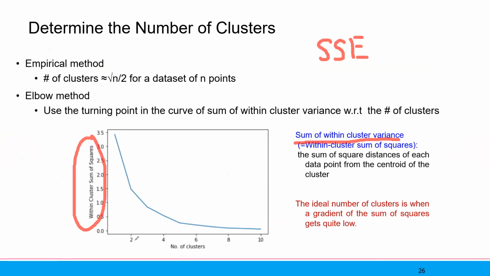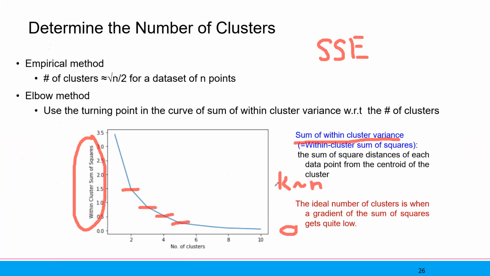So we can just plot. If the K equals 2, this is the sum of square. If the K equals 3, this is the sum of square. If the K equals 4, this is the sum of square. If the K equals 5, this is the sum of square. Of course, if the number of K is higher, then the sum of square will be lower. But we cannot choose the high K. If the K is close to n, it means we do not need clustering.